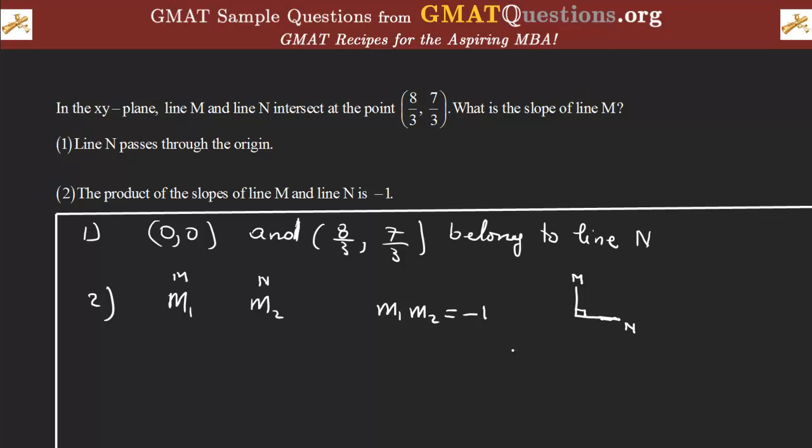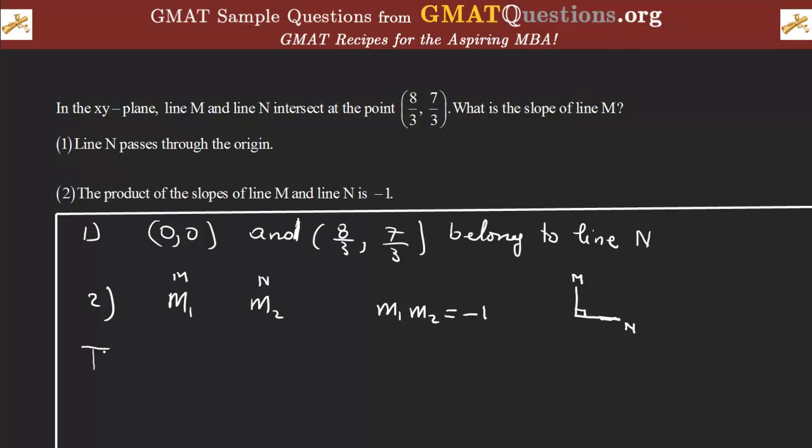The only problem here is that we are still going to have a tough time finding the slope of line M. Even though we have this relationship between the two slopes, we don't know the actual value of the slope of line N. We had it in number 1, but in number 2, we have no information about the actual value of the slope. So we have a single relationship here that will not help us, because I have no way of finding the slope of line M, directly or indirectly.